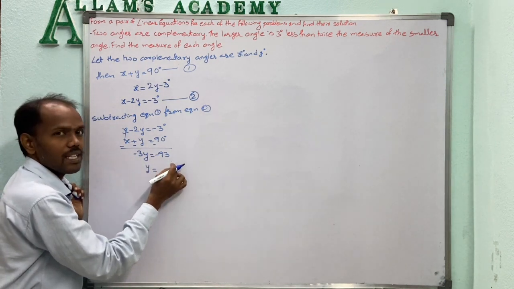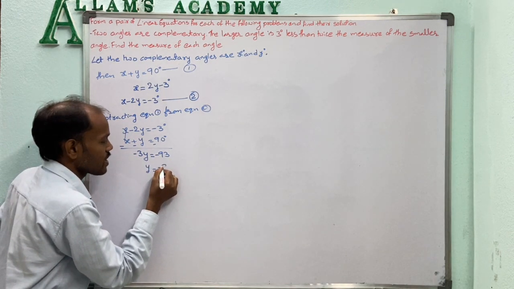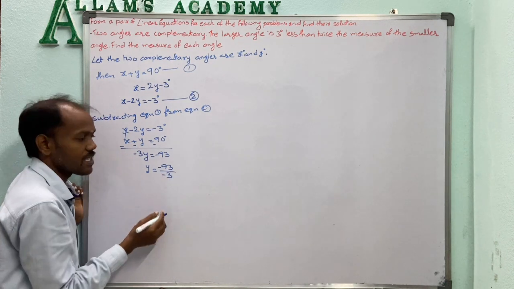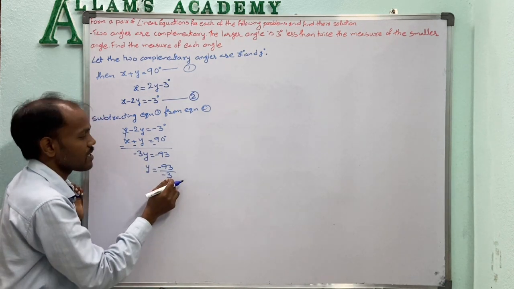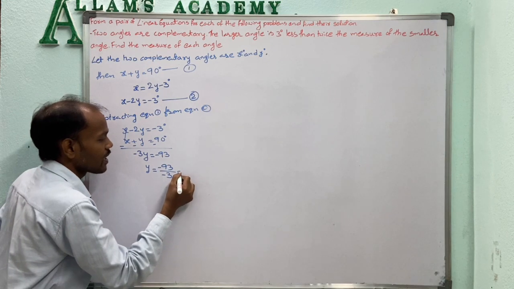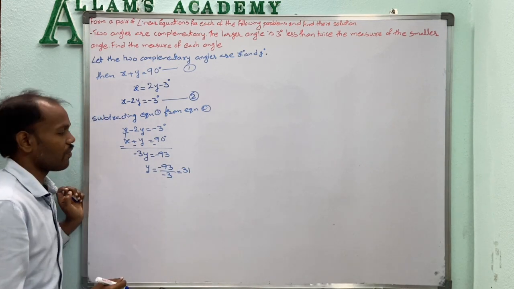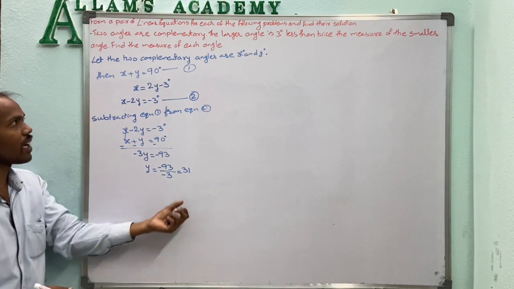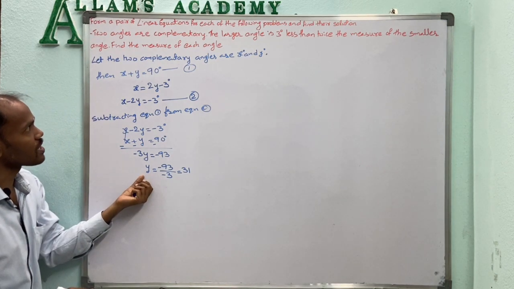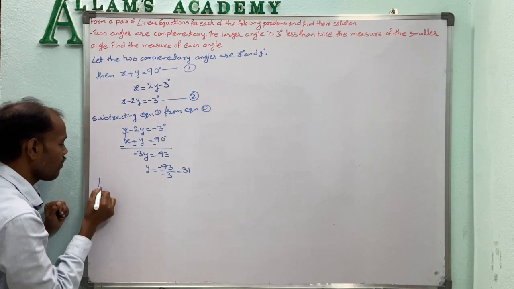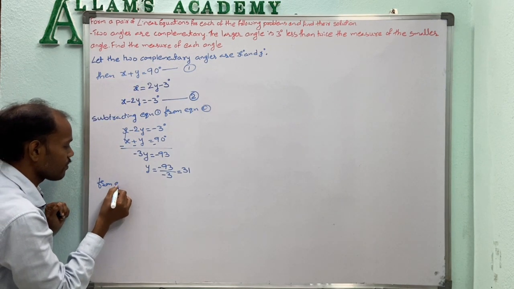The multiplication by minus 3 transfers to this side as division: minus 93 by minus 3. Minus minus gets cancelled, 3 ones, 3 31s, so y is 31 only. Now the y value is substituted in the first equation, equation 1.